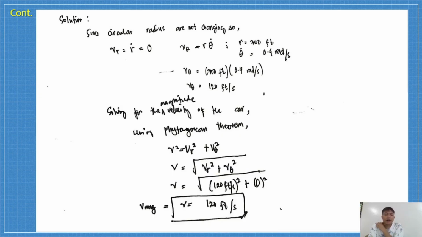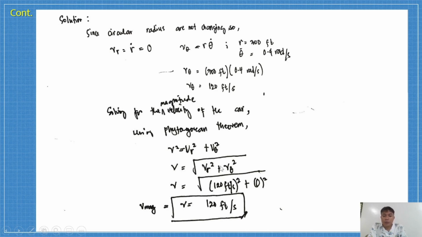So, solving for the magnitude of the velocity of the car, we can use the Pythagorean theorem. Remember that c squared is equal to a squared plus b squared. In this part, the magnitude of the velocity relates to the radial and theta components, so v squared is equal to v r squared plus v theta squared.